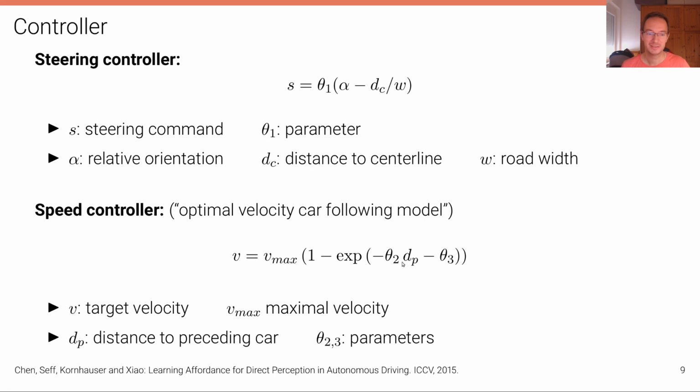In contrast, if the preceding car is very close, if this term is very small, then this term here becomes larger and we're decelerating until we reach 0 velocity. For example, if the car in front of us has slowed down, has come to a full stop, then of course we want to also stop in order to not crash into that vehicle.